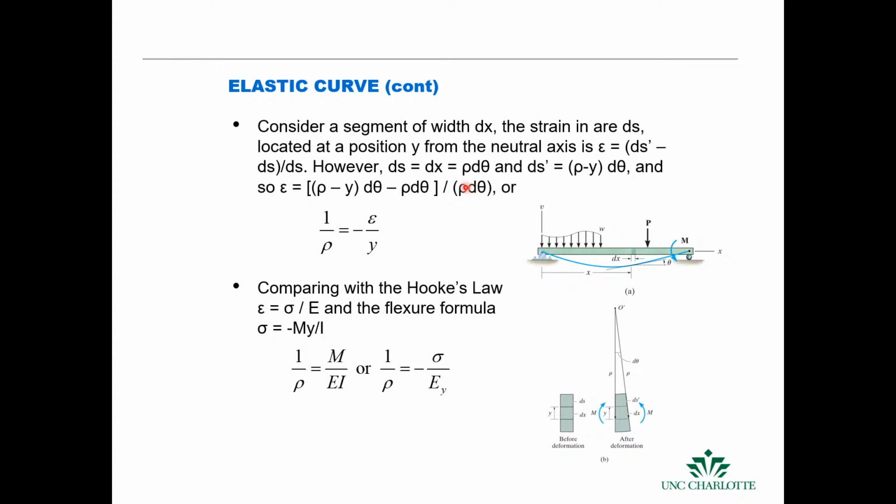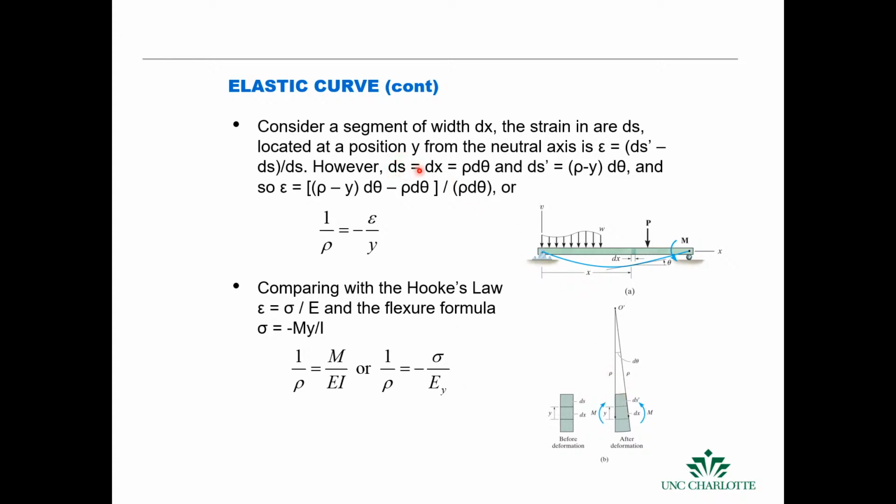So we can say that this is our radius of curvature rho, okay? And if we have rho, which would be like the radius, times d theta, that's the angle, it's the distance that the arc traces out, right?